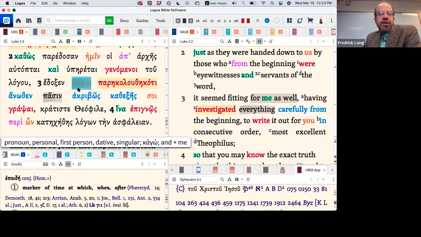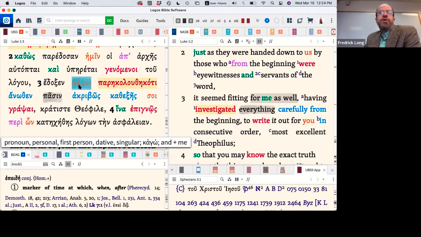So this is a combination of ke and emoi, and emoi is an emphatic form of moi. You've got the personal pronoun ego, mou, moi, and me, but you can ramp those up by adding an epsilon to the front. So rather than me, you can have eme.